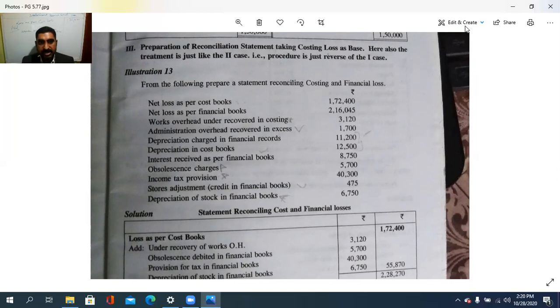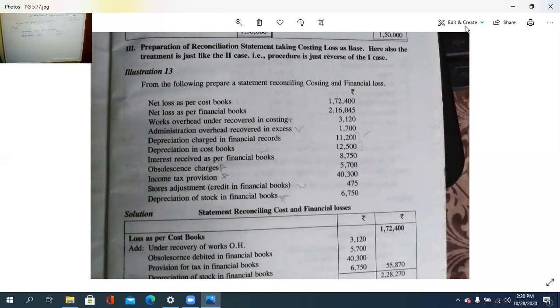Then obsolescence charges. If we are taking the profit as per cost books, we deduct it, so here, as it is the loss as per cost books, we add it. How much is it? Sorry, not that. The obsolescence charge is 5,700.